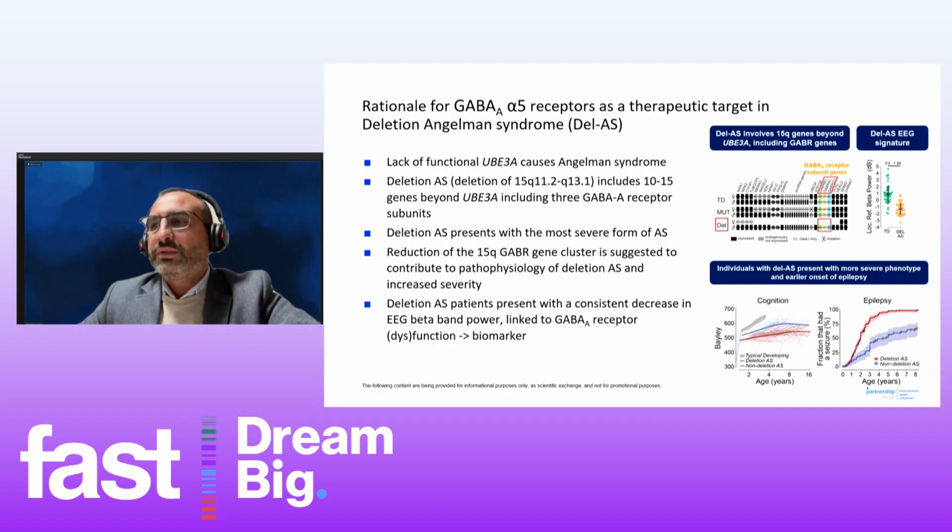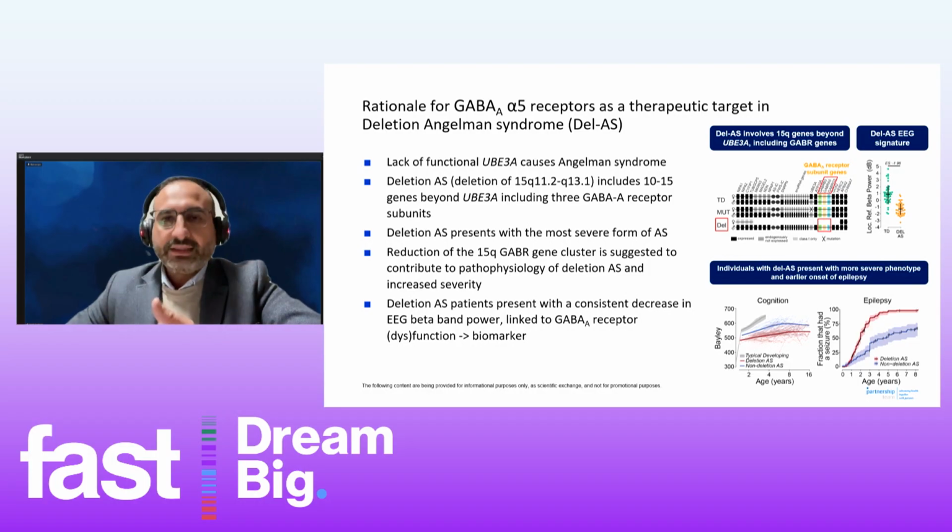So as you all know, lack of UBE3A expressed from chromosome 15q causes Angelman syndrome. Shown here on the right is a graphical representation of the genes on chromosome 15q for typical individuals in comparison to deletion patients and mutation patients. You can see from this that deletion Angelman syndrome has more than 10 additional genes deleted in addition to the UBE3A. And that, of course, has an effect.